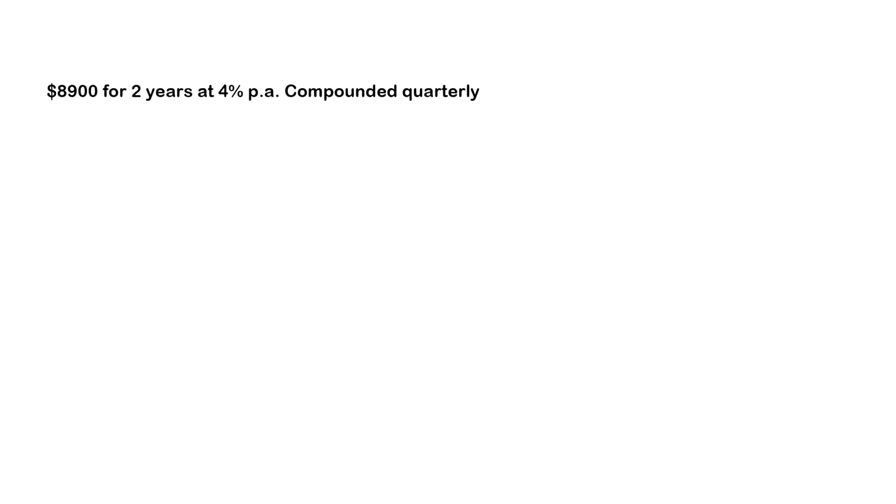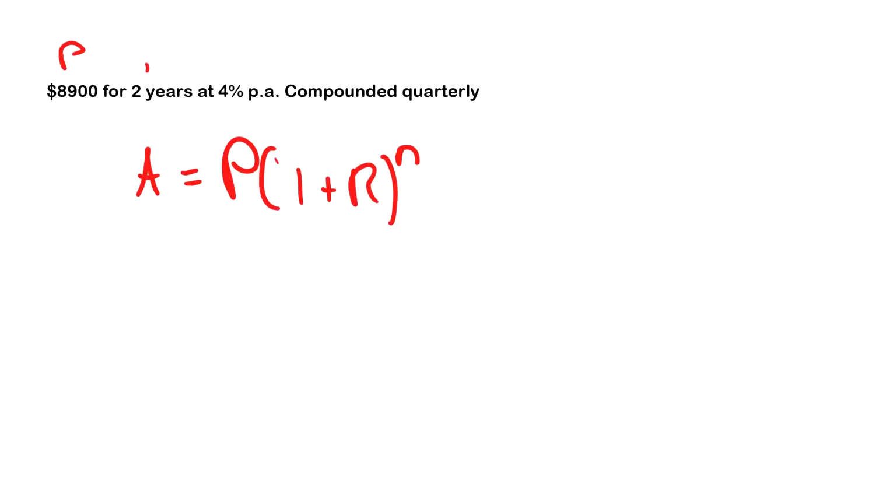Here we have another one. Again, let's write the formula. P and R, and it's compounded quarterly. If you forget how many quarters there are, there's 4 quarters in a year. So we need to divide our rate by 4 and times our time by 4.